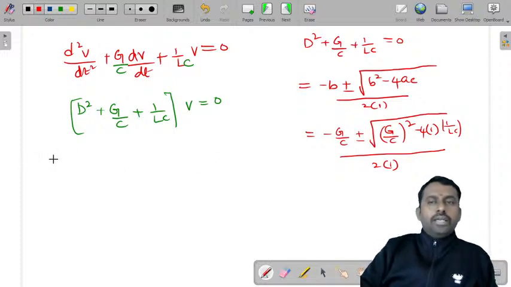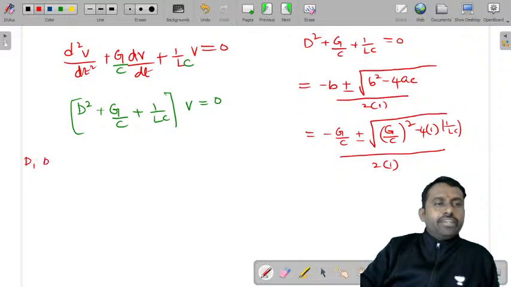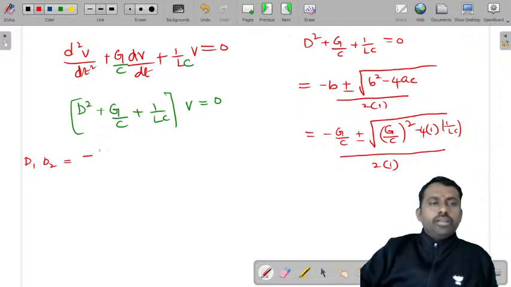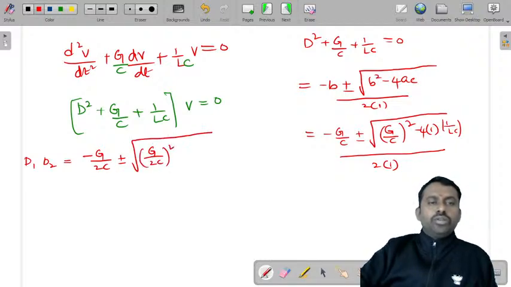So the roots are, the same way you can write, D1 comma D2. If you just simplify this, you'll get minus G by 2C plus or minus under root of G by 2C whole square. I am taking 2 to the numerator and taking it into the square, minus 1 by LC.